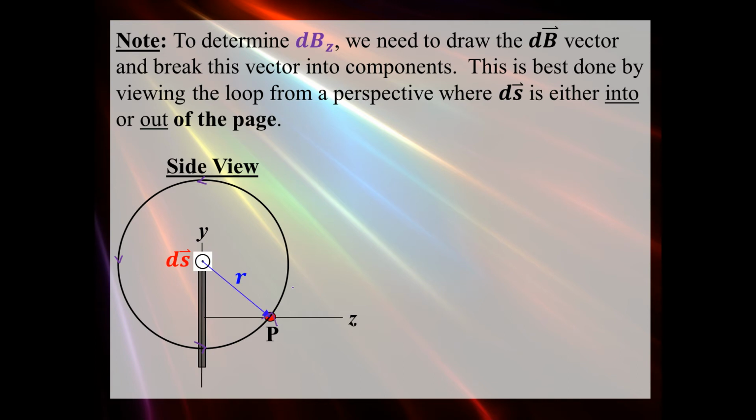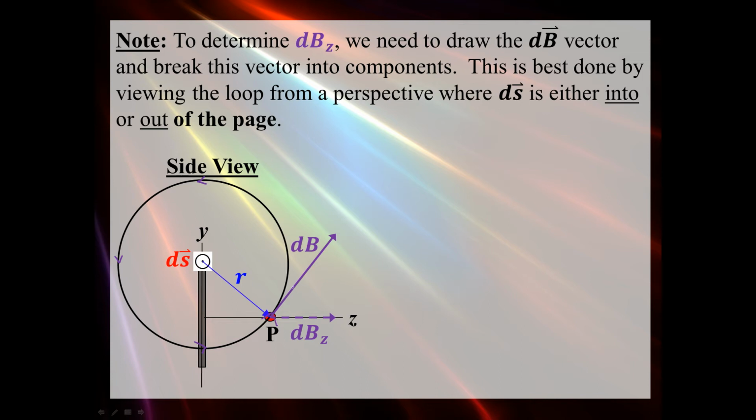R is the distance from the differential element to where point P is located, and dB would be tangent to the circle and pointing in the direction of the magnetic field. So again, that's going to be up and towards the right. We're going to break this magnetic field vector into two components based on the plane that we're looking at here.